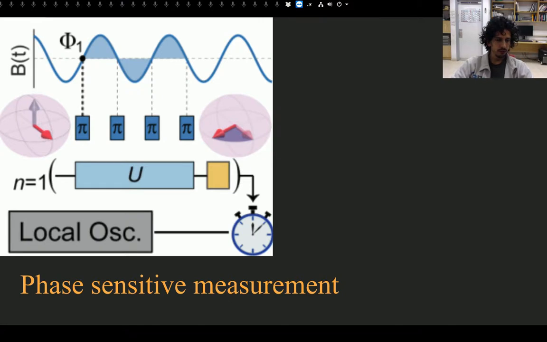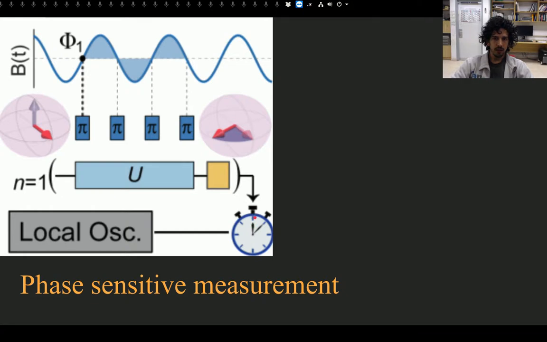Each measurement we are performing is a part of a set of phase-sensitive measurements. A single measurement is done by initializing the NV center to the up state, rotating it to the x basis, and letting it evolve under the effect of the magnetic field and our control, eventually rotating it back to the z basis and measuring the population of the NV center.